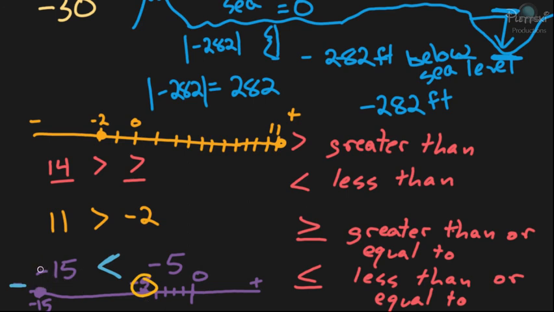So we would read this as -15 is less than -5. We don't have time for another example, but in the next lesson, we'll show some more examples and explore a little bit more with absolute value and comparing integers.